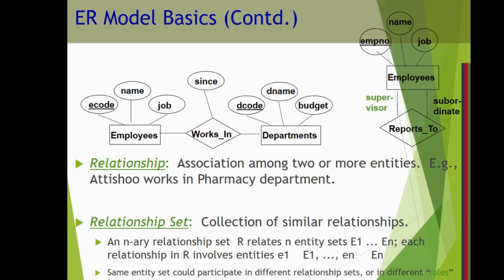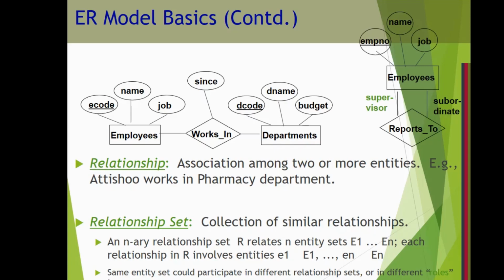So here, the reports to relationship you see is a relationship from which entity to which entity? From employee to employee. Why? Because if you are working under somebody in a company, he is also an employee. Only the role differs here. The one who is supervising you has the role called boss or supervisor, and you are nothing but a subordinate.